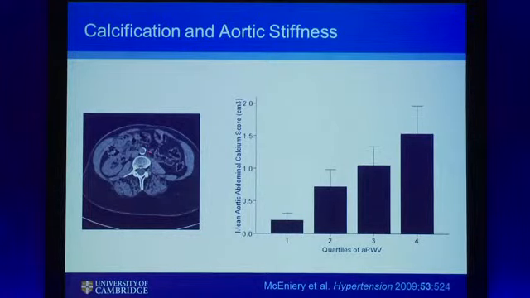And we've been interested, therefore, in a couple of novel risk factors for stiffening, and this is one of those, which is deposition of calcium in the arterial wall, which you can see here illustrated on a CT scan. And we showed quite a nice relationship between pulse wave velocity here and the amount of calcium you were getting.